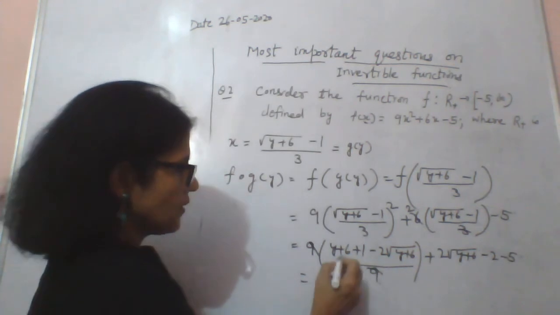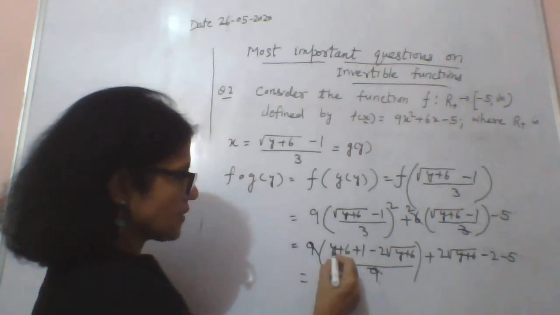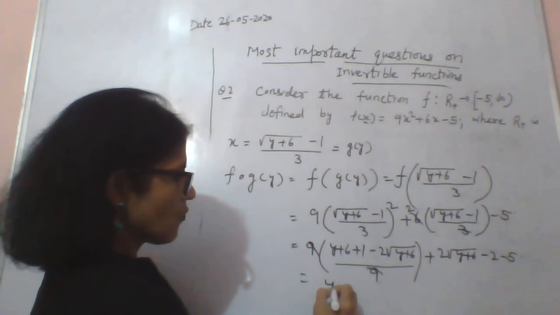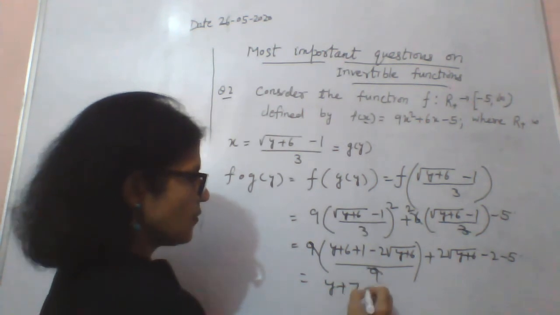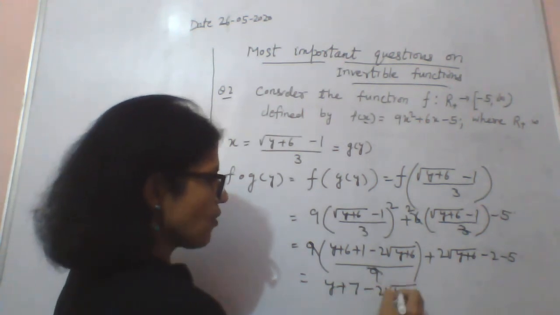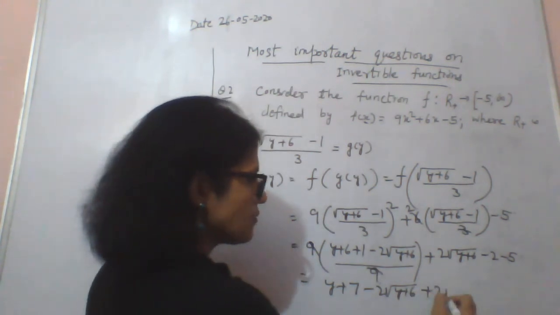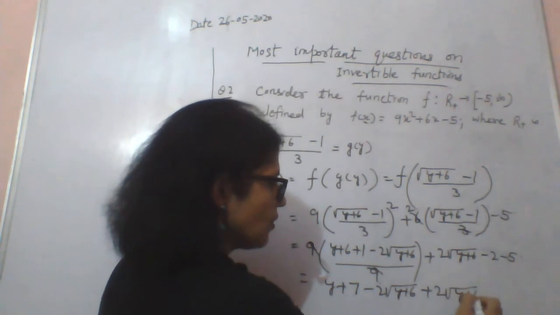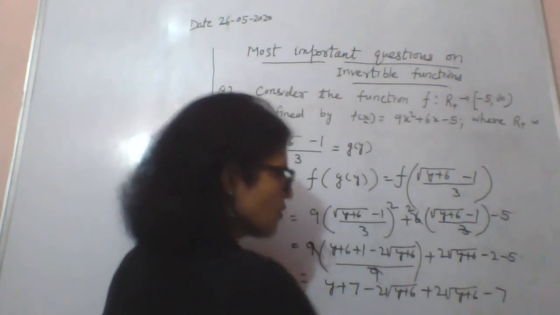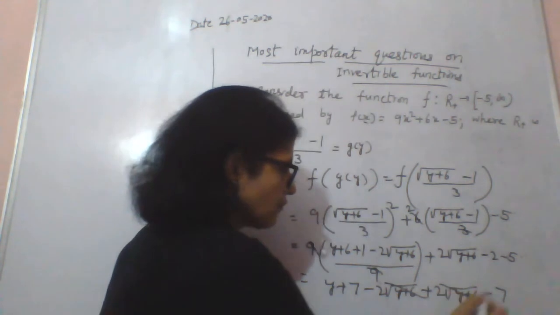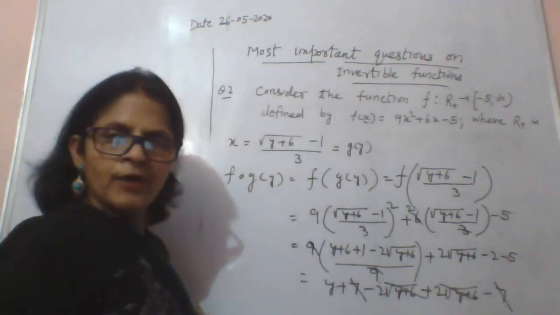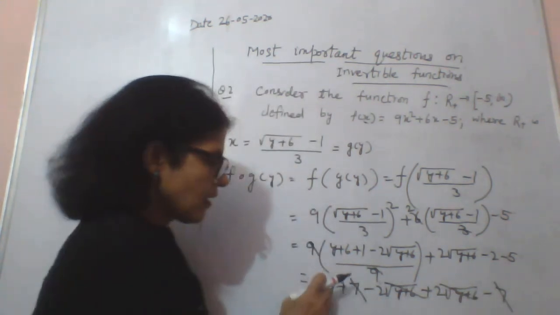So you are getting here y + 6 + 1 = y + 7, minus 2 under root (y + 6), plus 2 under root (y + 6), minus 7. So very beautifully you are getting all the things cancelled except y.